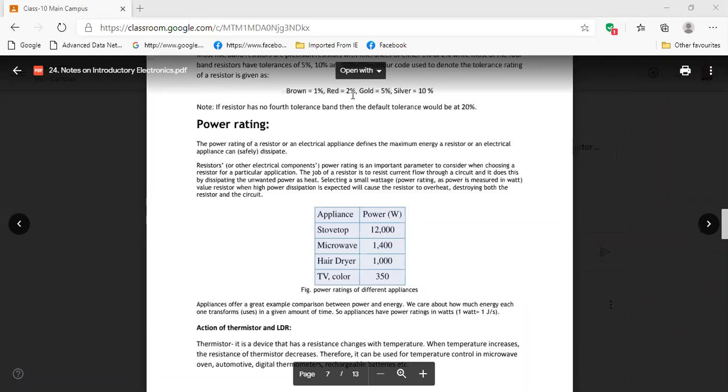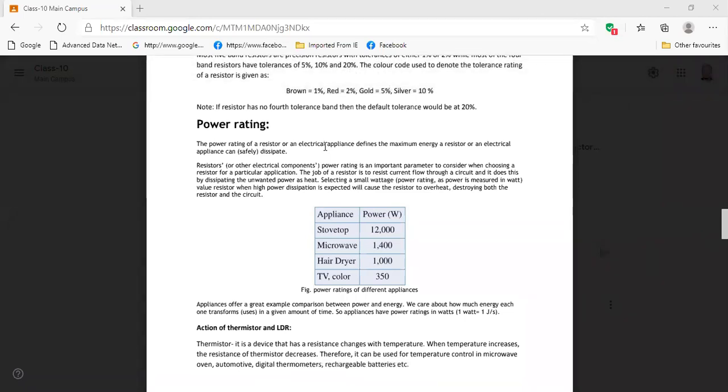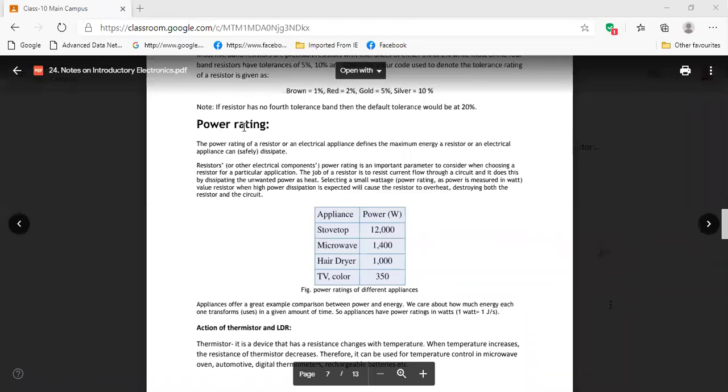Yes, sir, it is. Okay, so here we have both the ideas. We have the linking with current, then with voltage, then with energy, time, everything, right? So you write this heading, power rating.